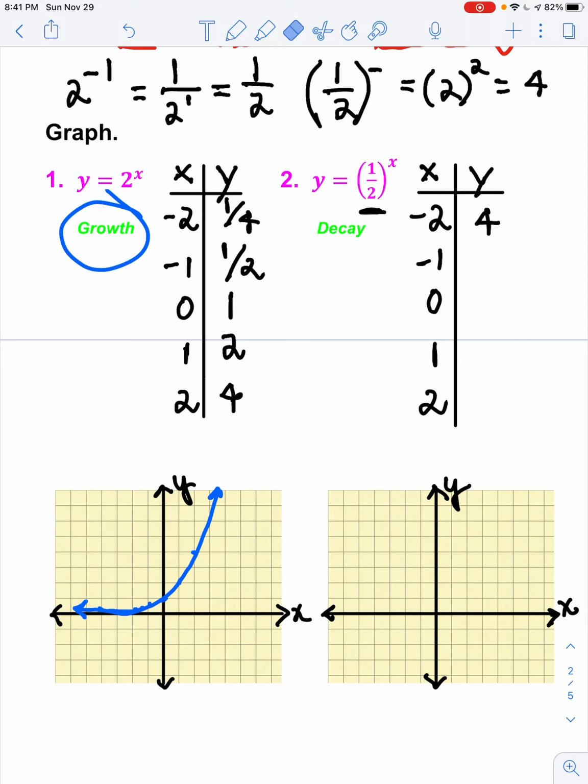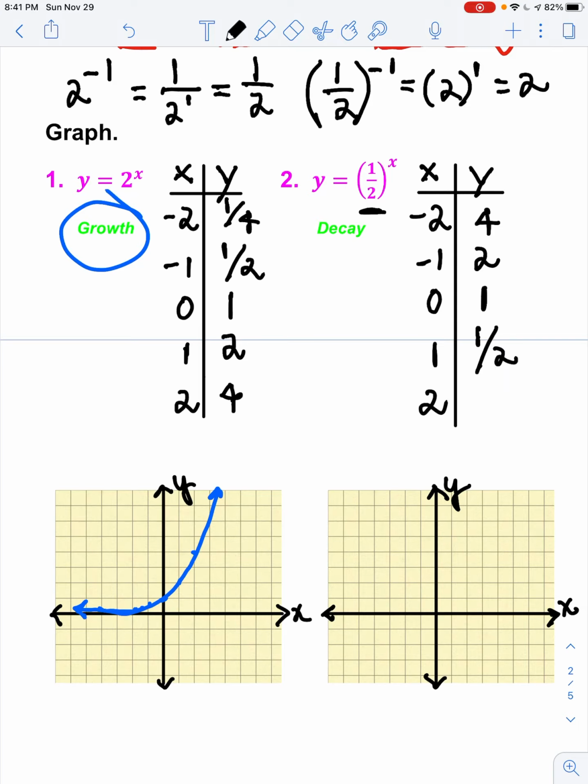If we change that exponent to a -1, then this becomes the reciprocal of 1/2, or 2, raised to the positive 1, which, of course, is 2. 1/2 to the 0, of course, is 1. 1/2 to the positive first is 1/2.